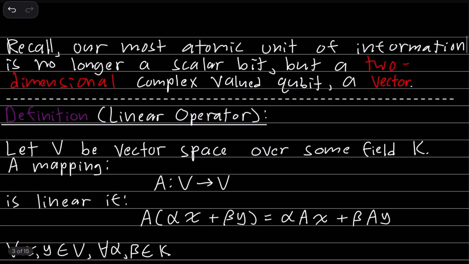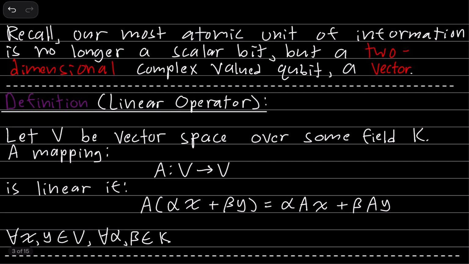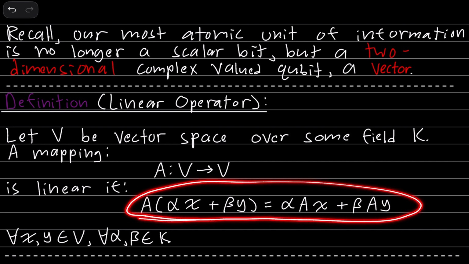I'm going to quickly define what a linear operator is, because we're going to need this definition in a moment. The definition: we have some vector space V over some field K and a mapping A from V to V. It is linear if and only if it supports this property here.